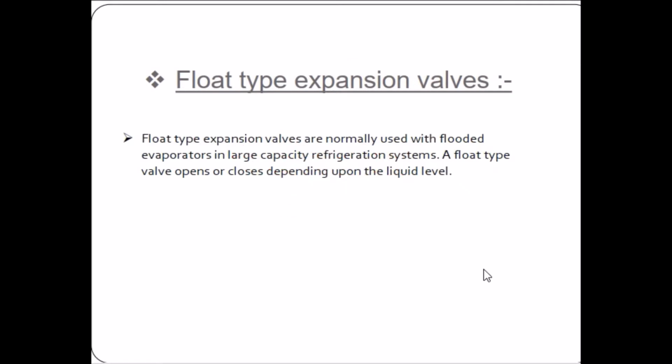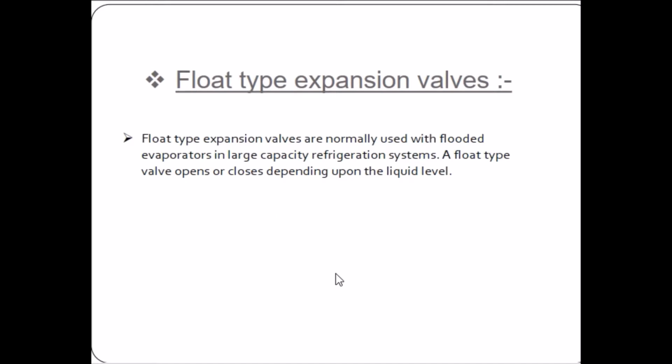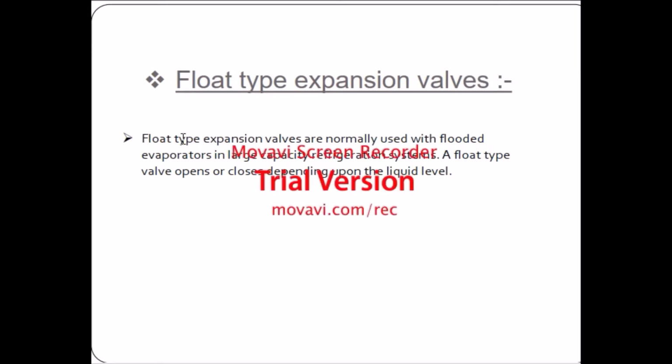Another type is the float type expansion valve. So we use a float, like a balloon, working on the force of buoyancy. Actually, this type is like the valve that controls volume in a tank.